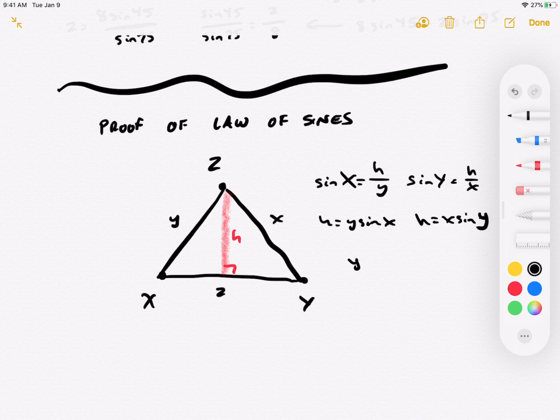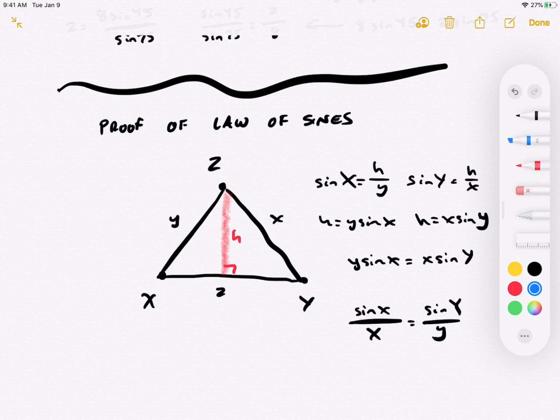And that means y sine x equals x sine y. And that, of course, means sine of x divided by x is equal to sine of y divided by y. Just like that.